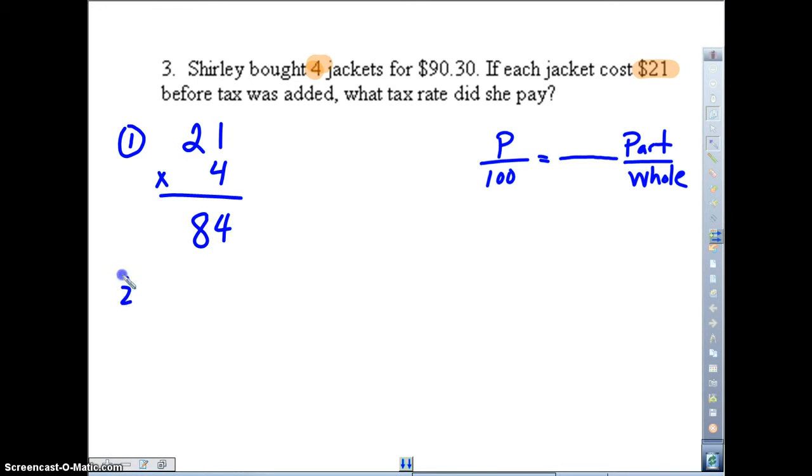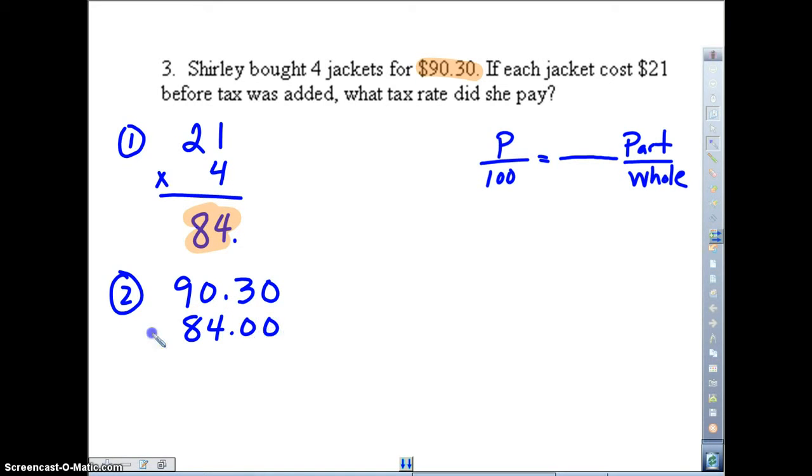Step 2 involves this number and this number. What are we going to do? Let's subtract the 2 numbers. Don't forget your decimal points. Line up your decimal points.